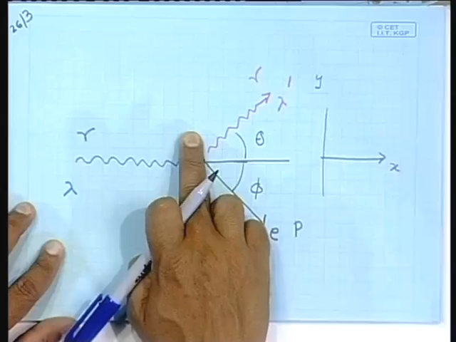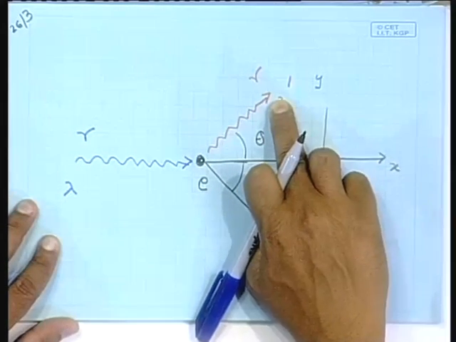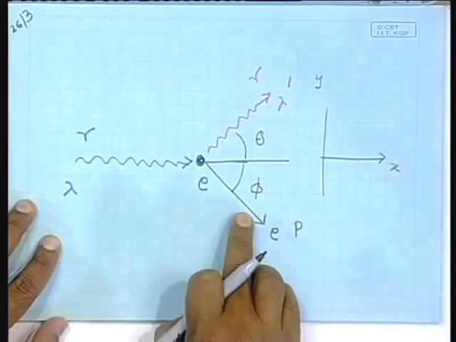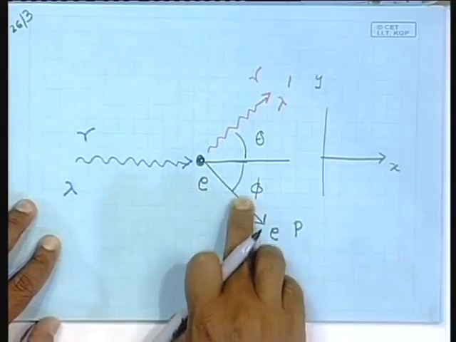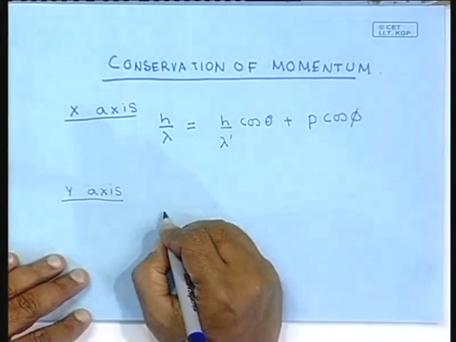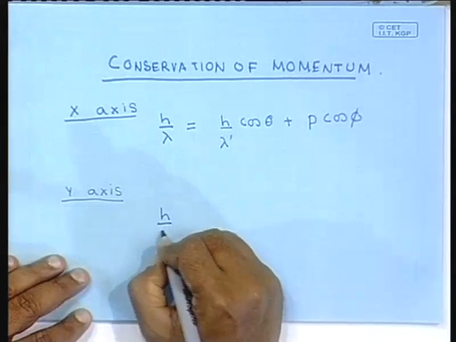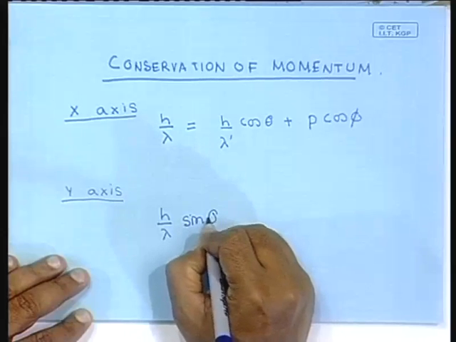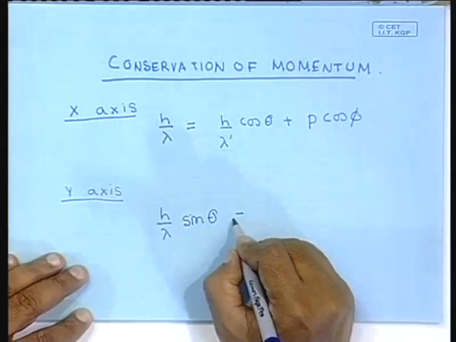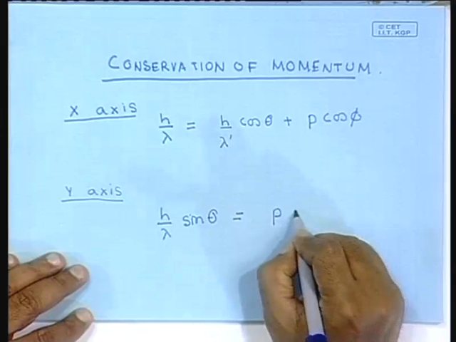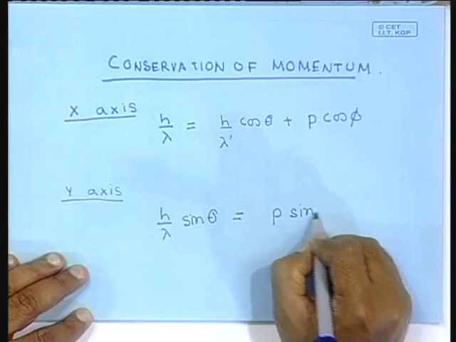So, the y component of the photon's momentum involves a sin theta, the y component of the electron's momentum involves a sin phi, and I can write down straight away that h by lambda sin theta is equal to p sin phi.